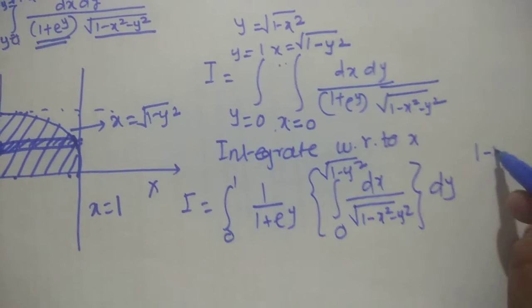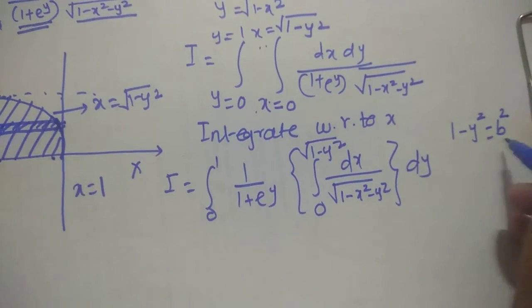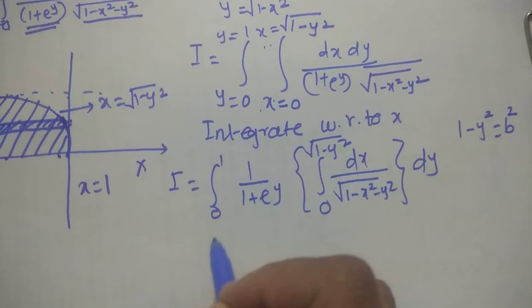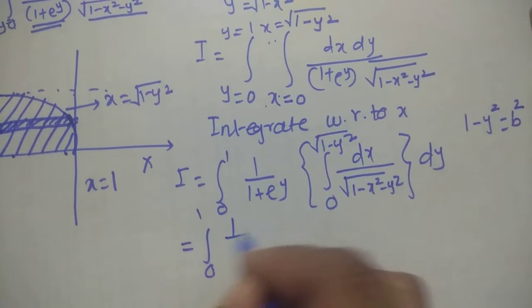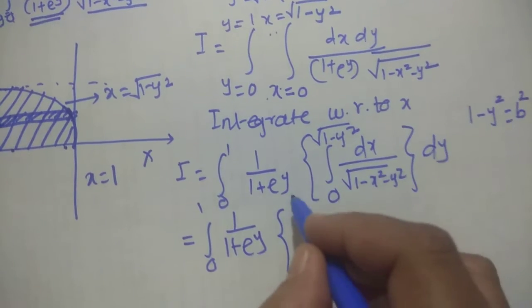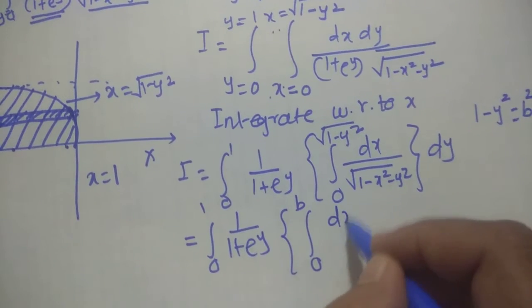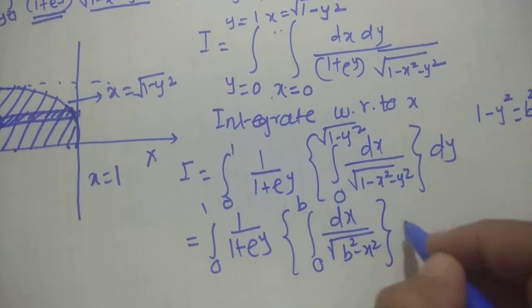Take 1 minus y square equal to some variable, suppose b square. Then 1 upon 1 plus e raised to y, integral from 0 to b of dx upon under root b square minus x square, dy.